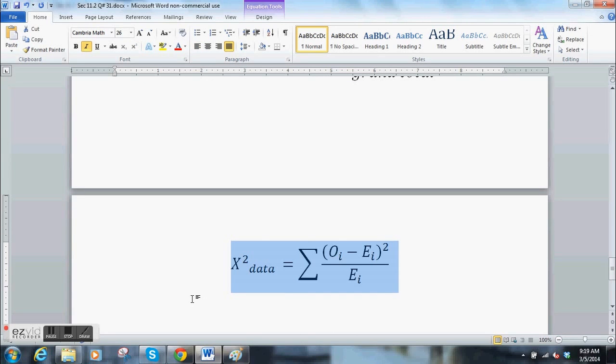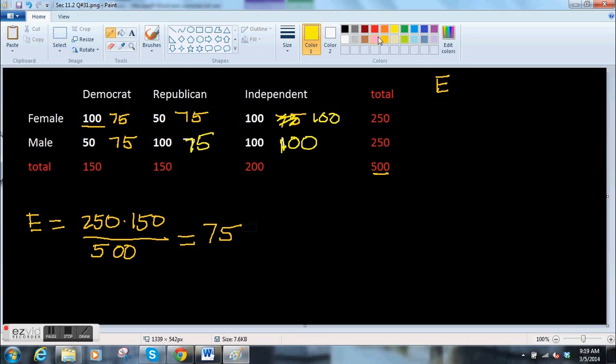So this is the formula for the test statistic. Chi-squared is the sum of every observed minus expected squared divided by expected. I'm going to do this in blue.